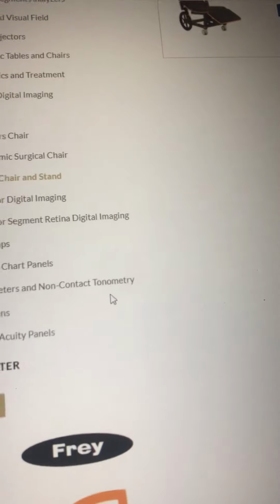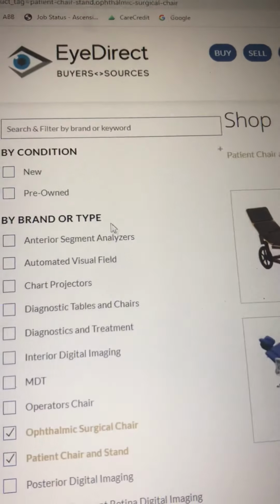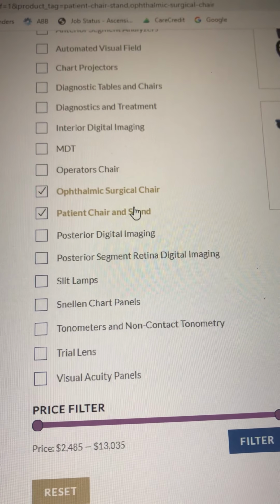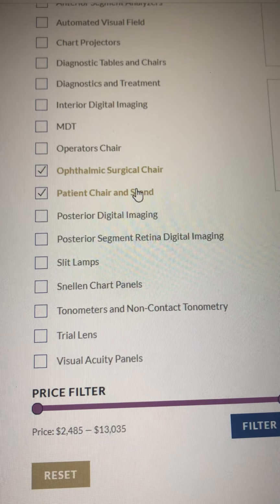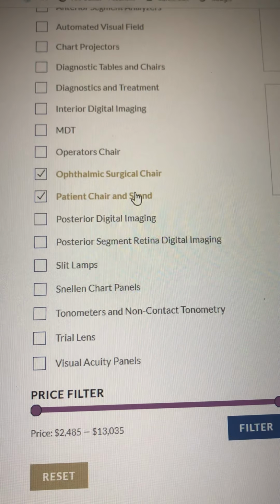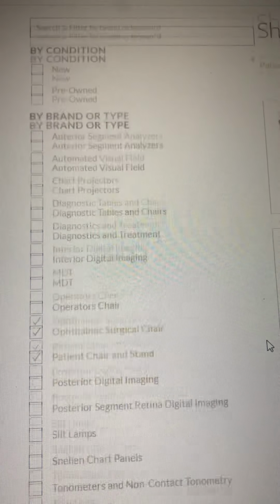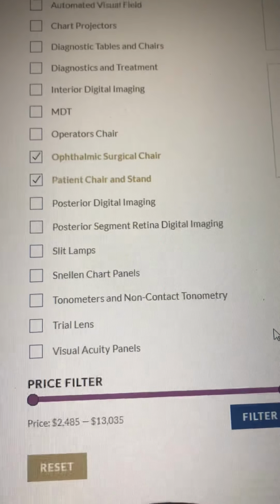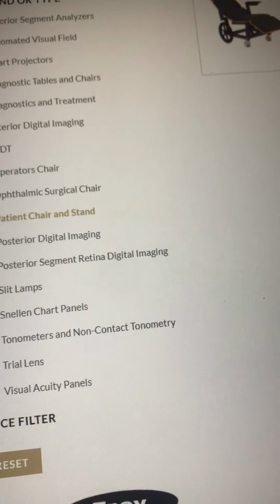Maybe just call it patient lounge chairs, or just combine the two in some way. I think you could combine both of these and just say patient surgical recliners and be done with it, right? I don't know why you need to have necessarily two.